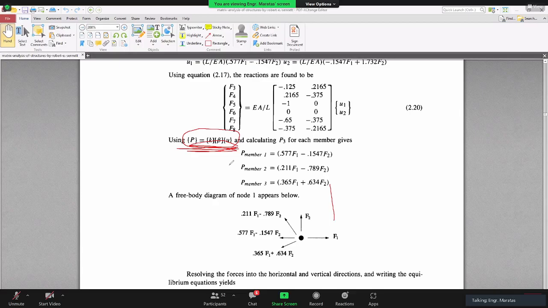And once you have the forces, the reactions, and the member forces, then you can draw the free body diagrams. You can do some checking by summing up forces, vertical and horizontal, and they must all be equal to 0. Basically the process is very simple, very procedural.